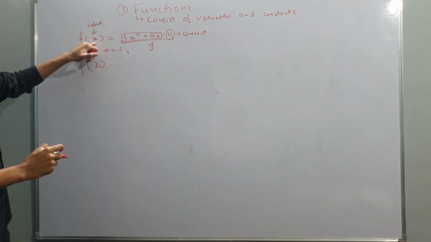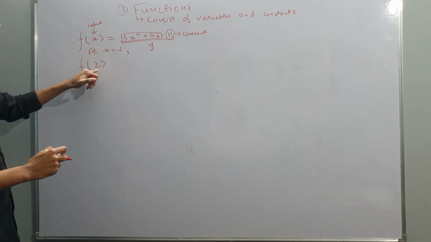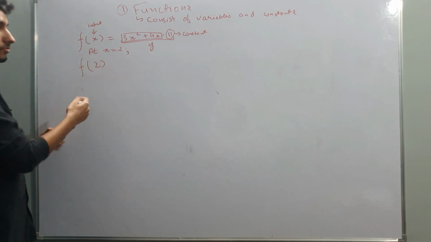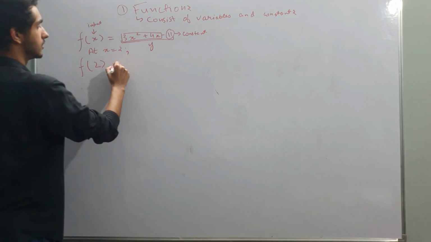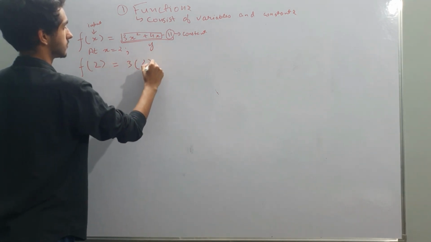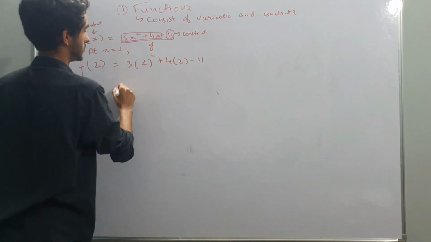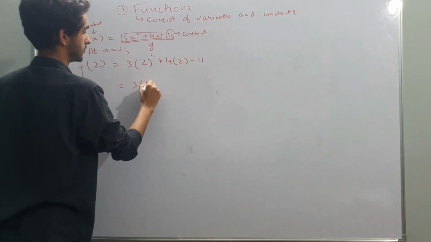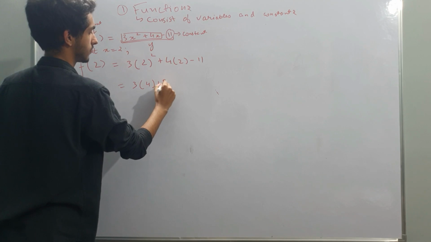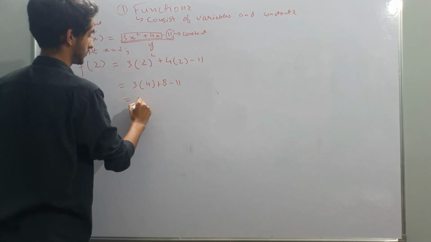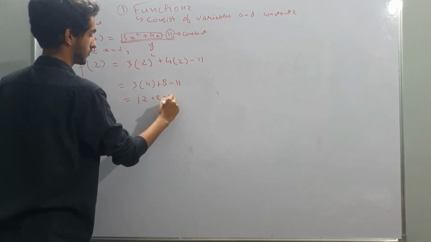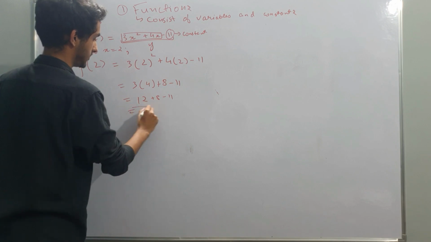If we are replacing x with a number, we write function of 2, or function of any number which you are using, and then we write which is 3 times 4 plus 8 minus 11, which would be 9.